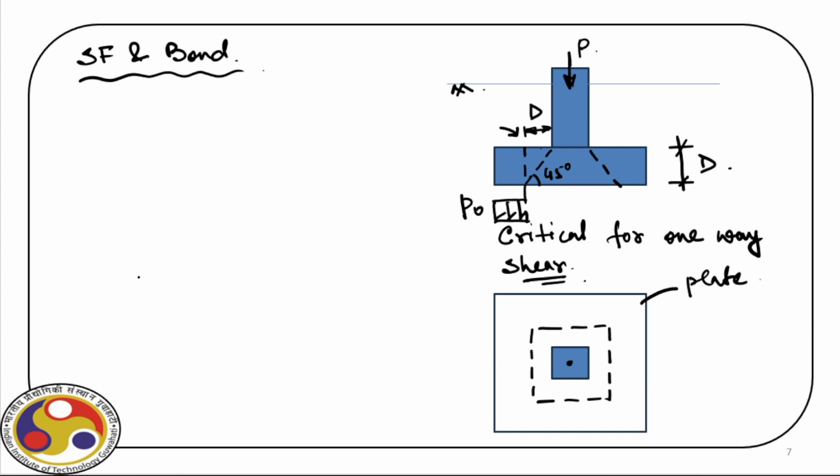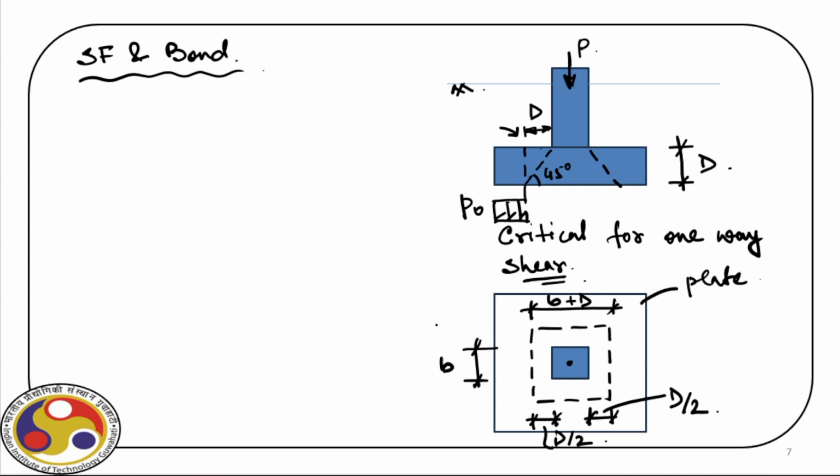Two-way shear action will have a wider area. If this is the size of the column, B, then it will extend on either side by D by 2. So on either side we'll have D by 2 and D by 2, and the total width in that case will be B plus D, right?